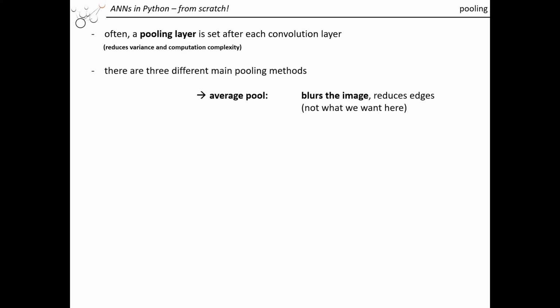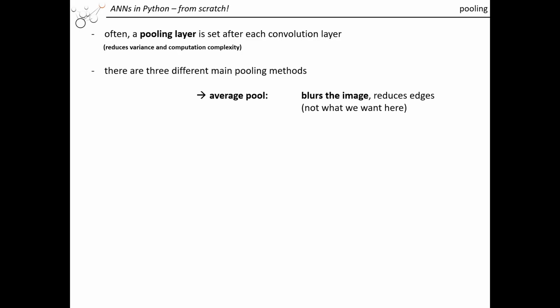And there are different ways to do that. One way is the so-called average pool. Like in the convolution part, you have a kernel that moves over the image, but then you do not calculate the convolution.